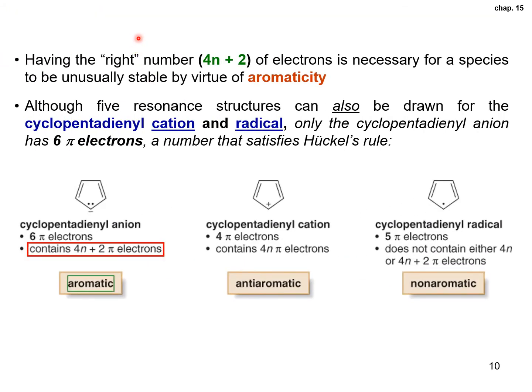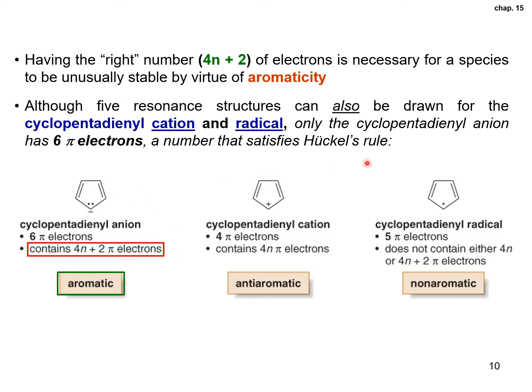As you know, having the correct number of pi electrons, 4n plus 2, the Huckel number of electrons, is vital for a compound to be aromatic. Although the cyclopentadienyl cation and radical also have resonance structures in which the positive charge or the radical can sit on every carbon of the 5-membered ring, it's only the cyclopentadienyl anion which is aromatic because it contains 4n plus 2 pi electrons.